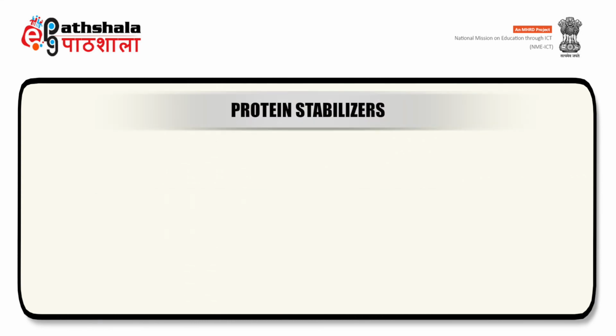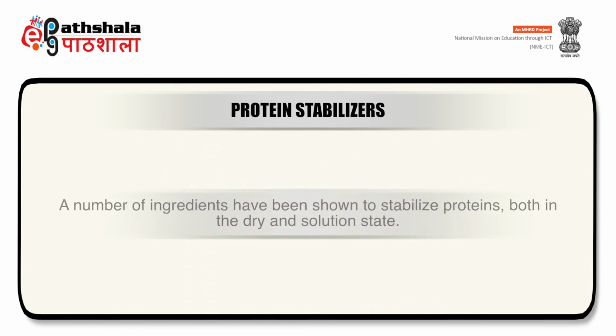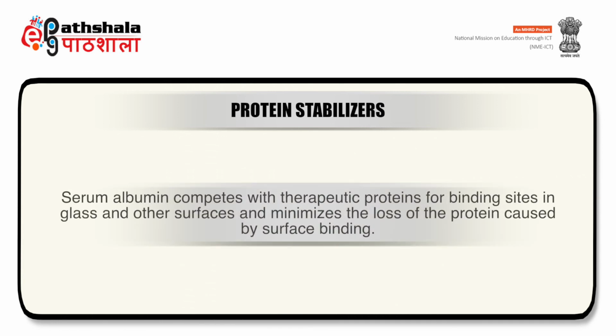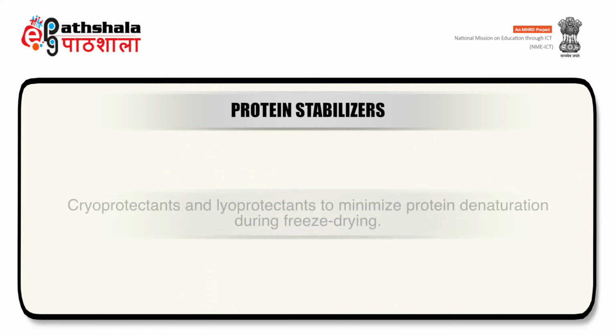Lastly, we will discuss protein stabilizers. A number of ingredients have been shown to stabilize proteins both in dry and solution state. Serum albumin competes with therapeutic proteins for binding sites in glass and other surfaces and minimizes the loss of protein caused by surface binding. Cryoprotectants and lyoprotectants are used to minimize protein denaturation during freeze drying.